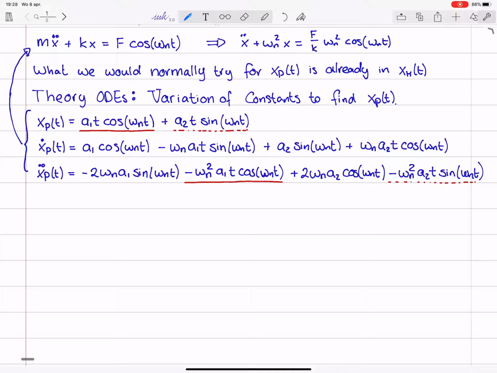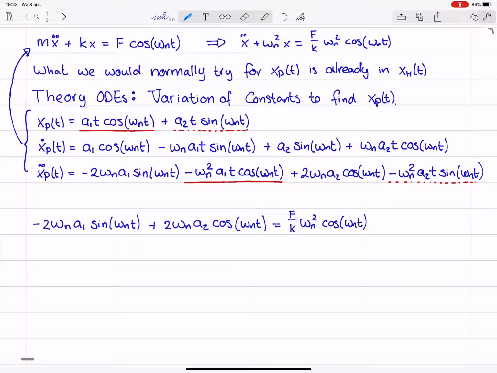So we get a minus 2 omega n a1 sine omega nt plus 2 omega n a2 times the cosine of omega nt. And this should be equal to f divided by k omega n squared times the cosine of omega nt.